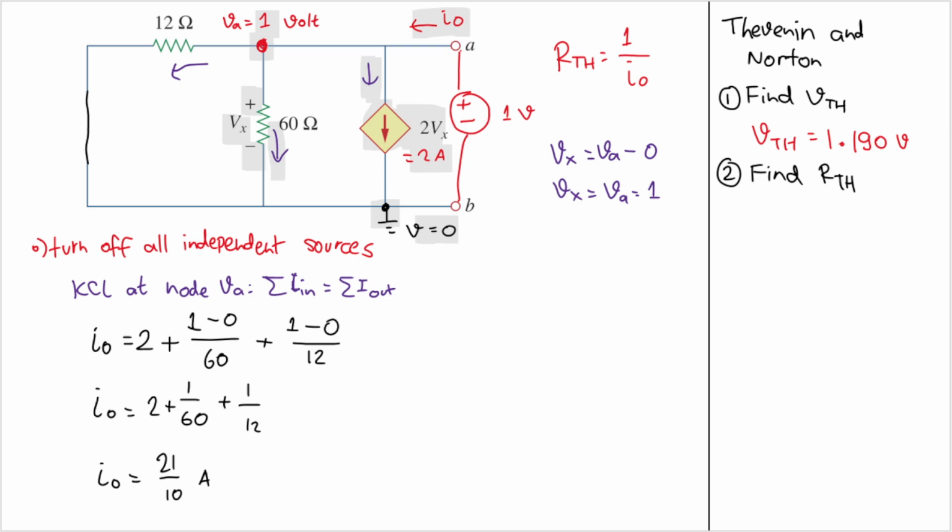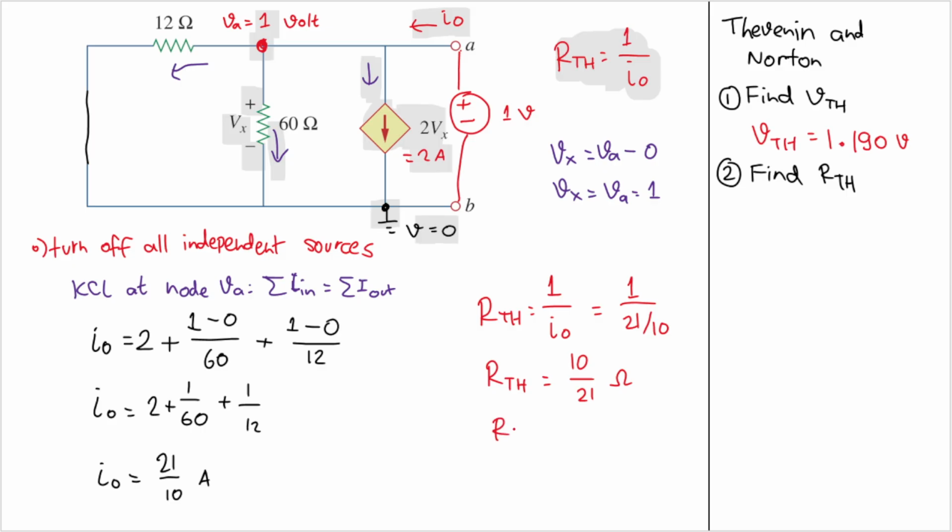Okay, but then we need to find R_TH, which is 1 over I_O. So R_TH is equal to 1 divided by 21 over 10, and therefore R_TH here is equal to 10 over 21 ohm.